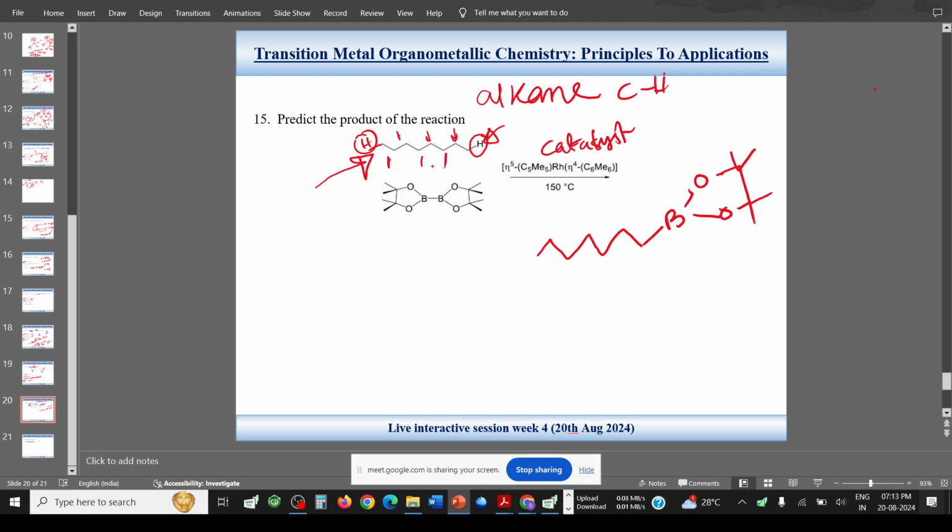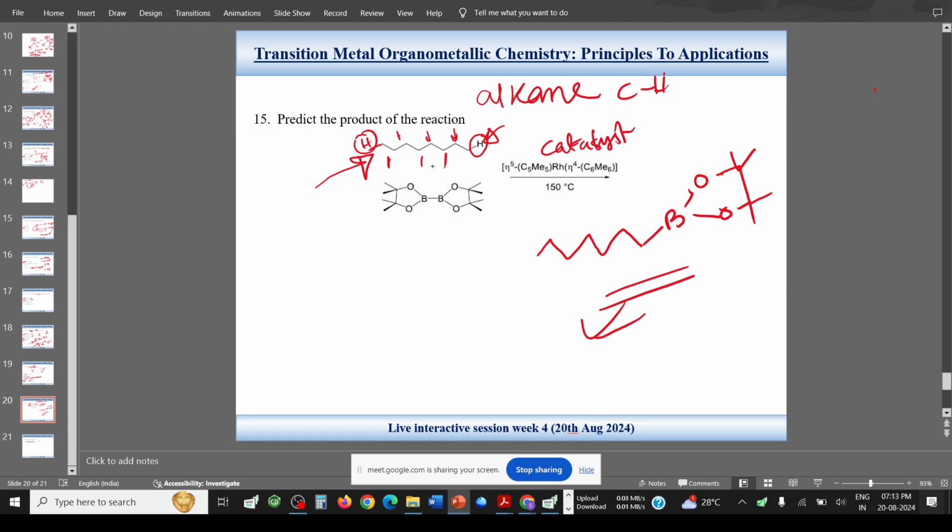What is the use of this ester? This long chain molecule is very important. And why is it important? Because this molecule is a starting material or substrate for the Suzuki coupling reaction.